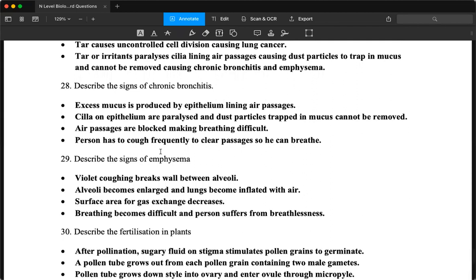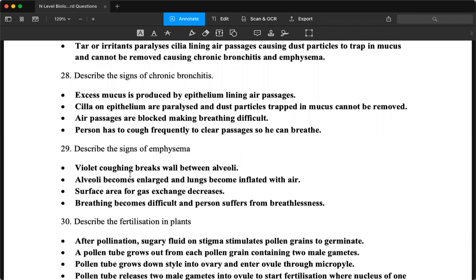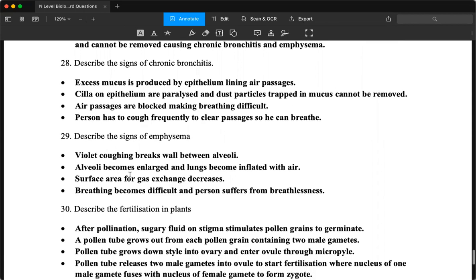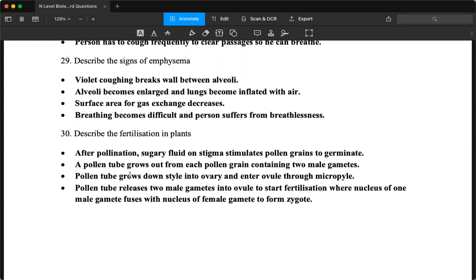When the coughing breaks the walls between alveoli, it will cause the alveoli to become enlarged and inflate your lungs with air. This will decrease the surface area for gas exchange. Don't say volume ratio, just say surface area here. Breathing will become difficult and the person suffers from breathlessness. Number 30 is the worst in terms of remembering.